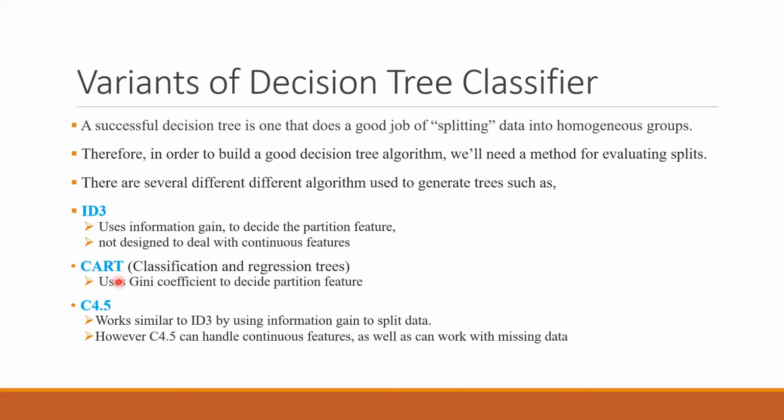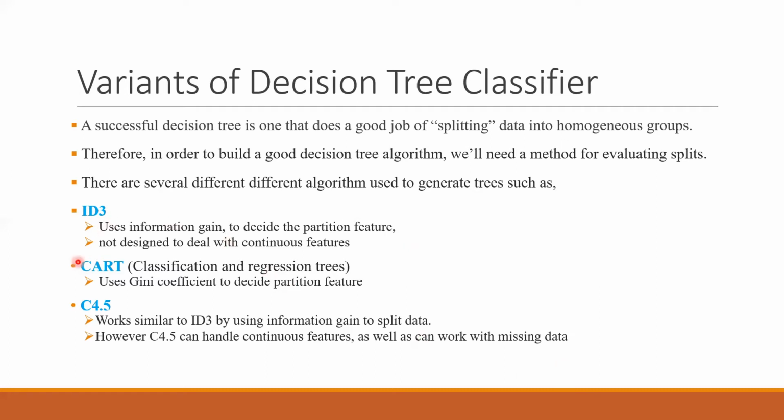For the CART model, we use the Gini coefficient to decide the partition, and it can be used for both classification and regression. C4.5 works similarly, using information gain to split the data. However, C4.5 can handle continuous features, and it can also handle missing data.